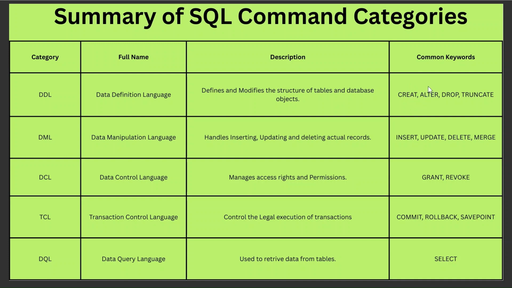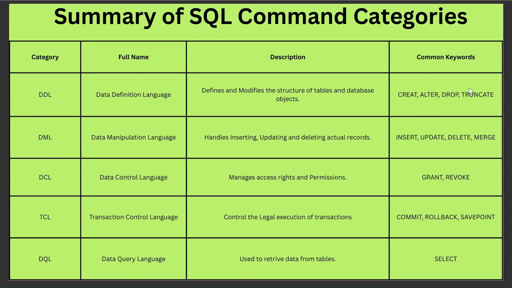If you want to alter a table, for example add a column or remove a column, so you want to alter the structure of a table, you can use alter. If you want to delete or drop the whole table, we can use drop.